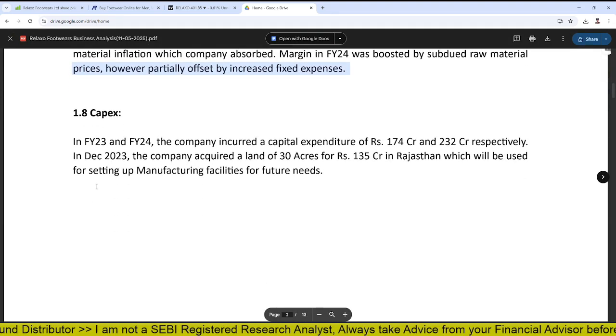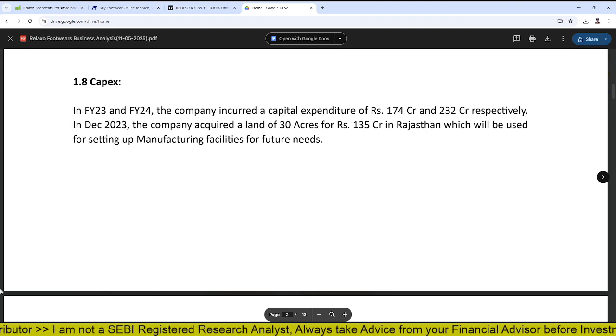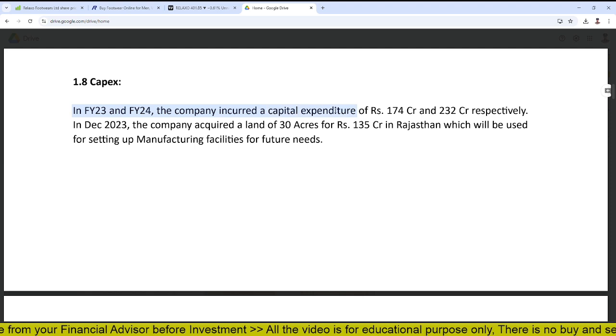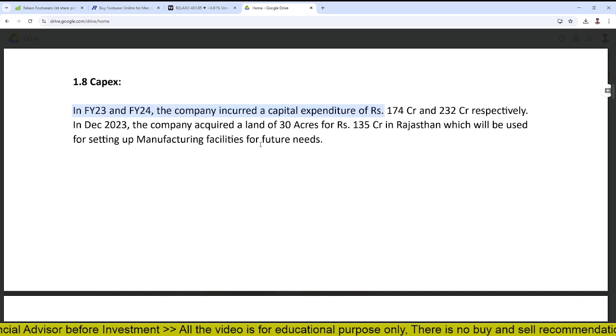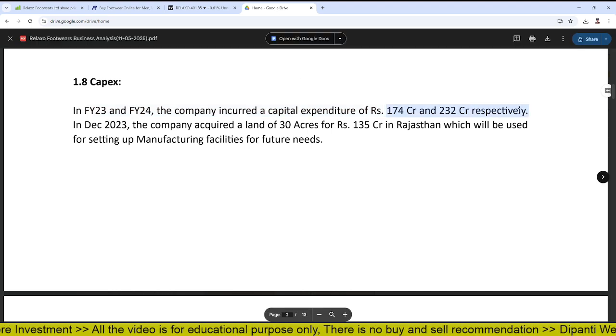And another reason was capex. The company was trying to expand for capital expenditure purposes, because the company purchased some extra land and is setting up some extra factories. So in FY23 and FY24 the company incurred a capital expenditure of 174 CR and 232 CR respectively.